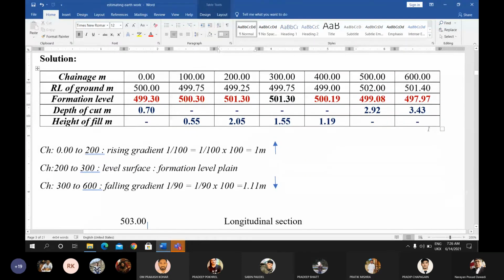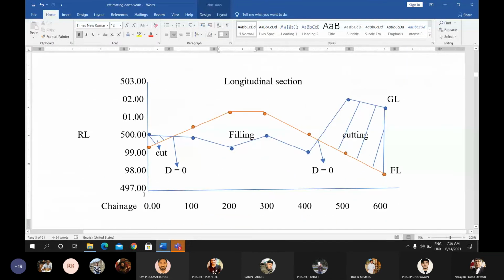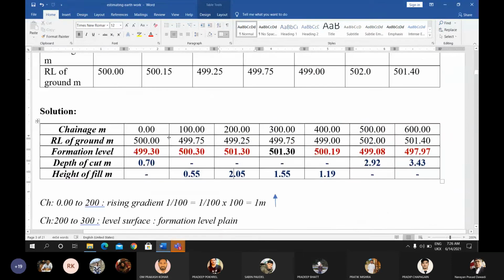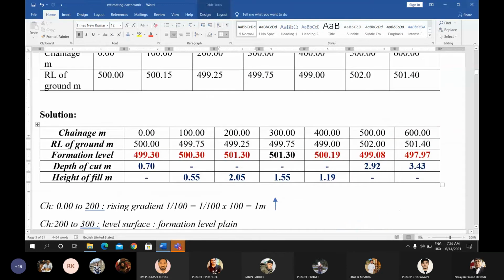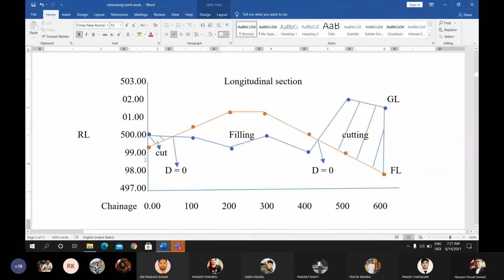You can scale accordingly. So I have started from 496, a lesser value than 497, then 498, 499, 500, 501, 502, 503. The maximum value is 502, so I go up to 503 in the ordinate direction, providing the RL.